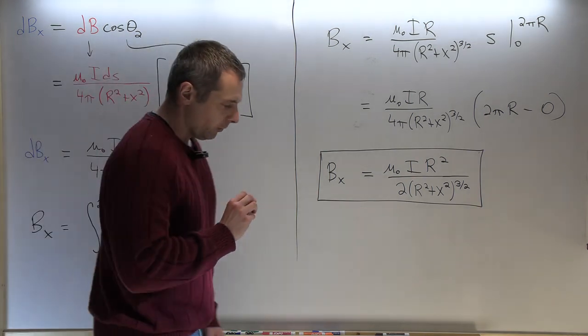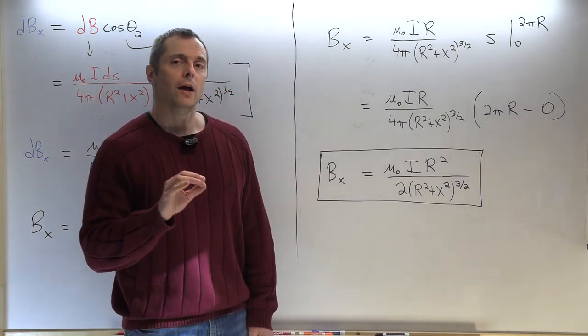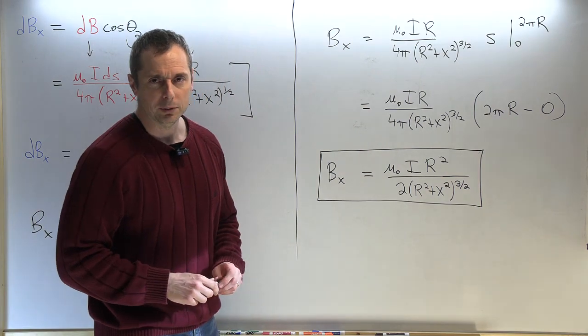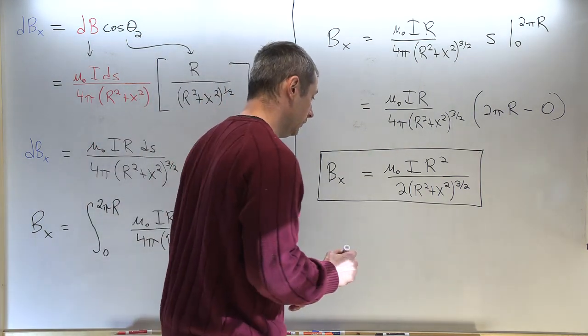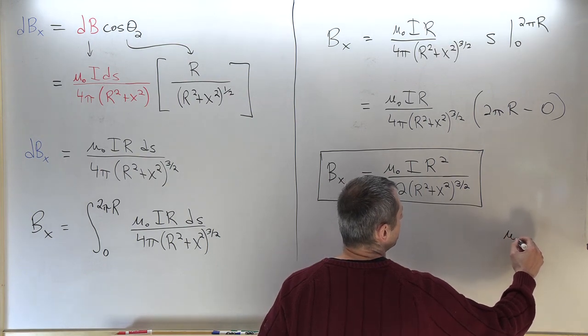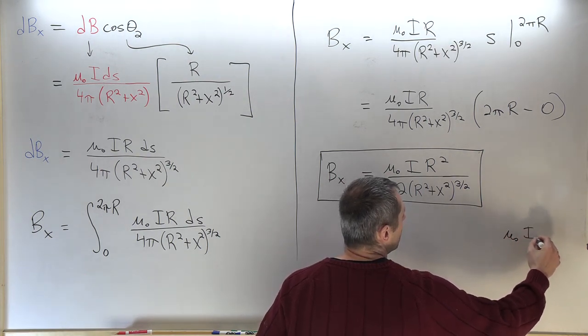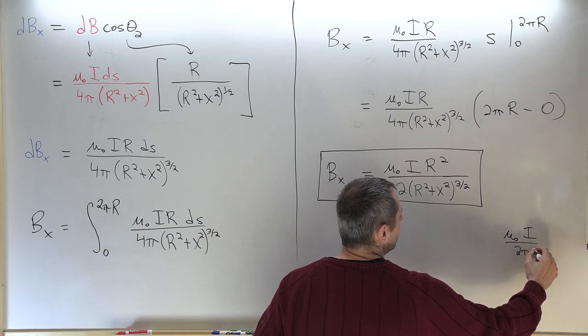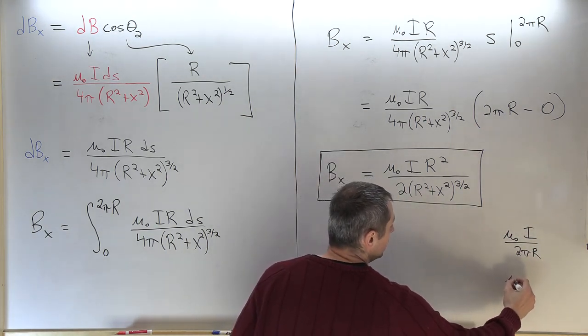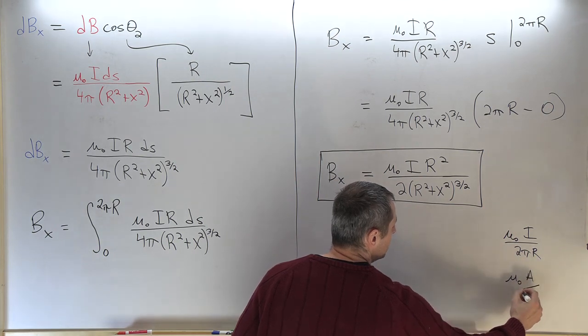Okay, before I move on to one final thing, I just want to do a unit check because now this formula is considerably more complicated than the others that we've learned so far. So what we have to do is compare it to B equals mu 0 I over 2 pi r, the basic formula we learned for the magnetic field around an infinite wire. So we need a mu 0 in amps over a meter.